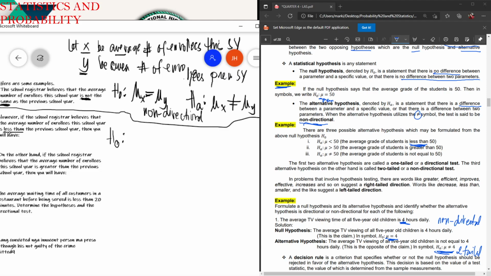That's our clue. Is that less than from the null or the alternative? It is from the alternative. So the school year is less than the previous years.